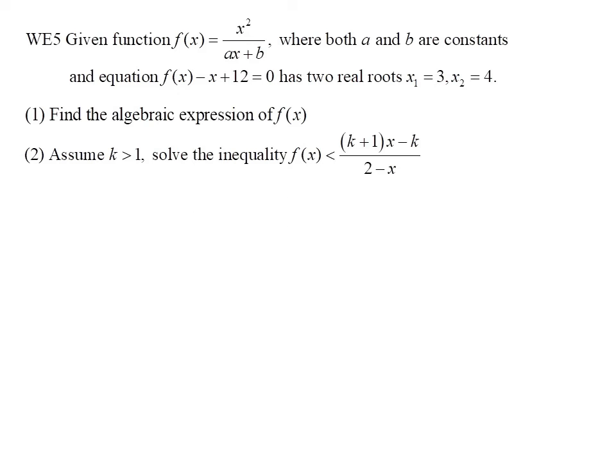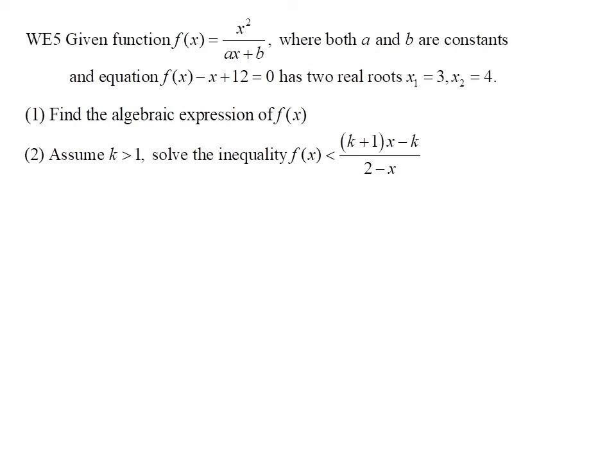In example 5, as we can see, there's a function f(x) which equals x squared over the sum of ax and b, where both a and b are constants. The equation of f(x) minus x plus 12 equals 0 has two real roots of x1 equals 3 and x2 equals 4.